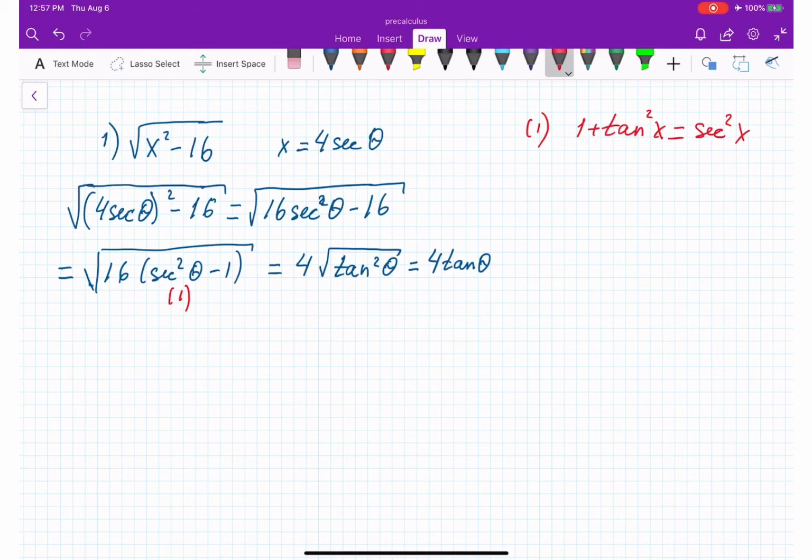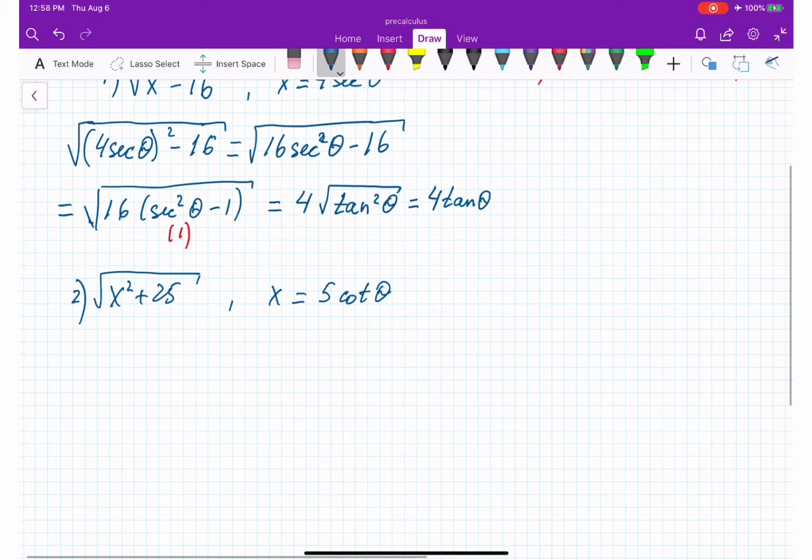Next, number 2: the square root of x squared plus 25, where x is equal to 5 cotangent theta. Let's plug it back.